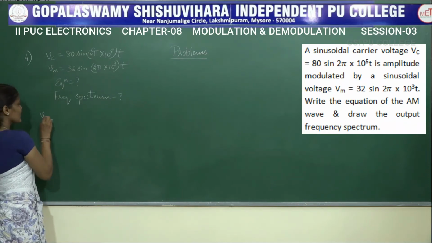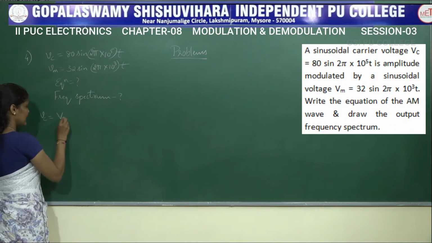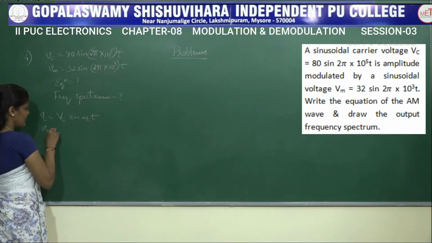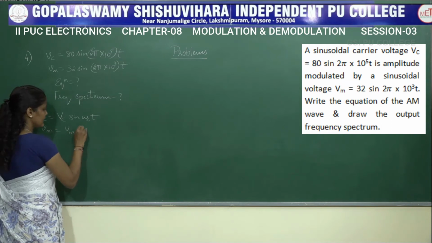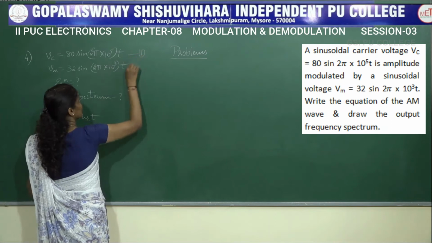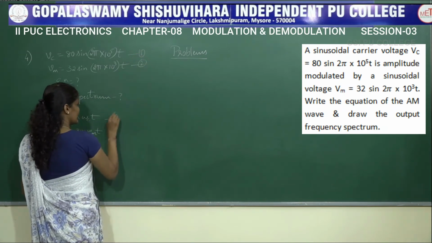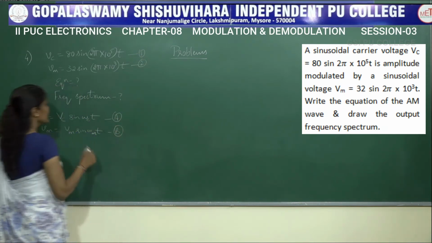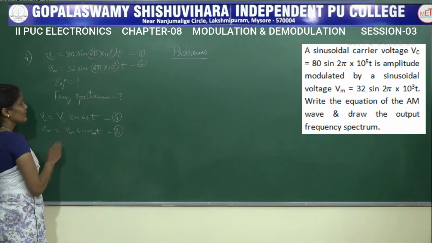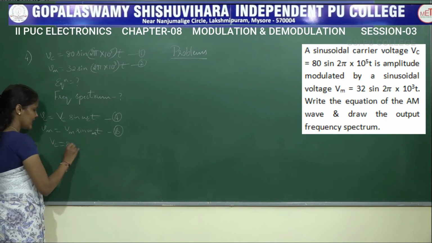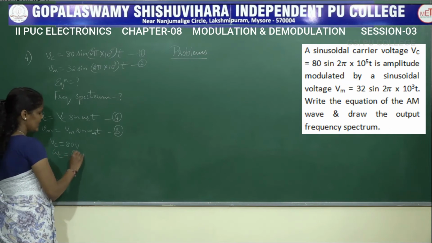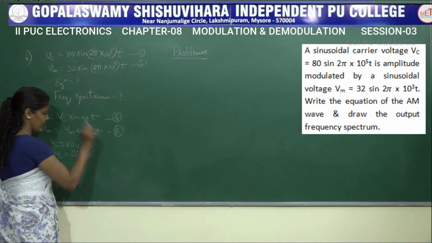Compare these two equations with the standard equations Vc sin omega c t and Vm equals Vm sin omega m t. Let me call these equations 1 and 2, and the standard ones A and B. Comparing 1 and A, in place of Vc I have 80 volts, and in place of omega c I have 2 pi into 10 to the power of 5.